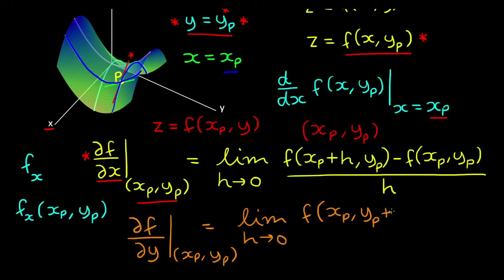So we have yp plus h minus the function evaluated at xp, yp, over h. So note again that x is fixed, in this case to xp being the cutting plane.